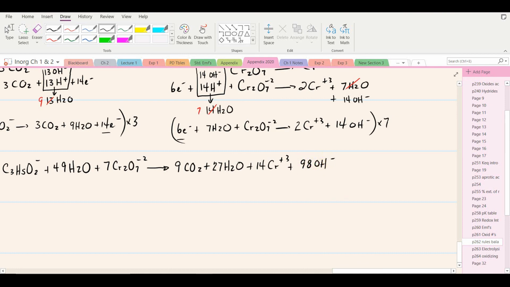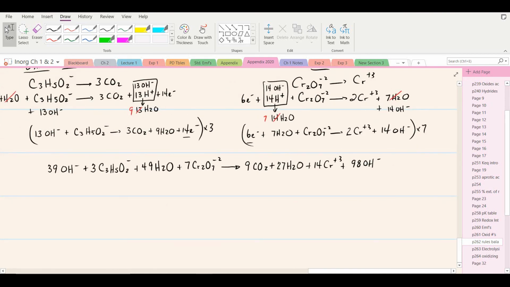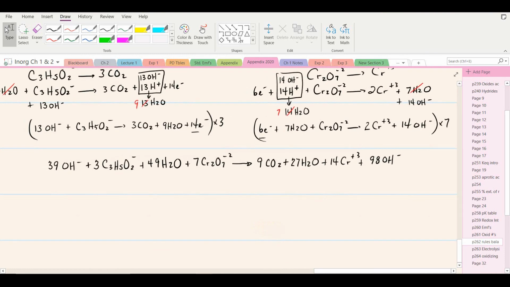If I didn't miss anything, I can cancel common species. If I subtract 39 hydroxides from both sides, that leaves me with 59 hydroxides. 59 and 39 is 98, that's correct. And for water, I can subtract 27 from both sides, and 27 from 49 would be 22.